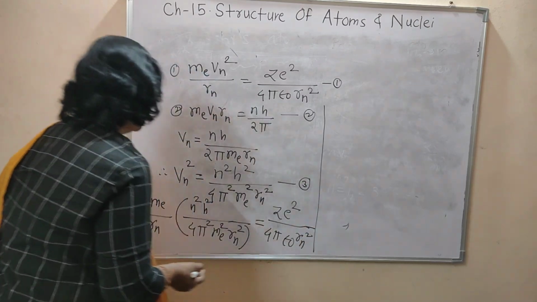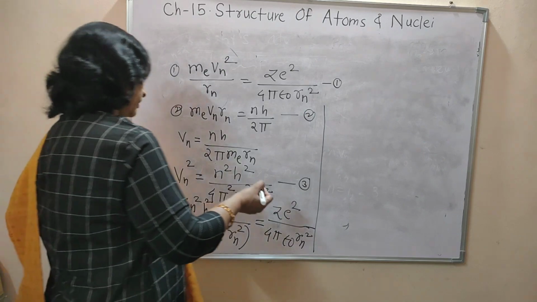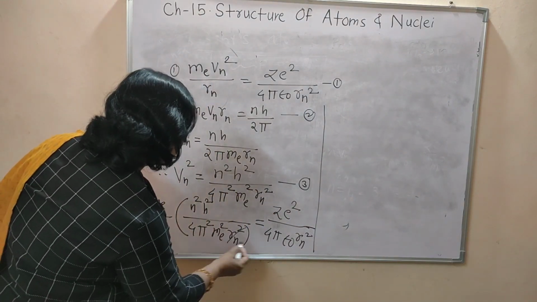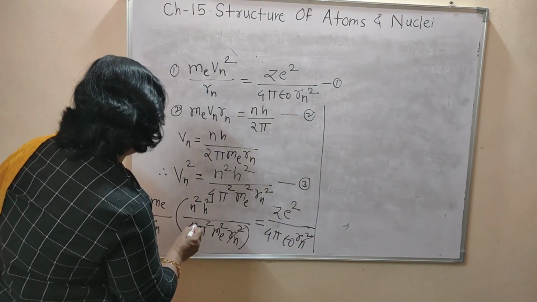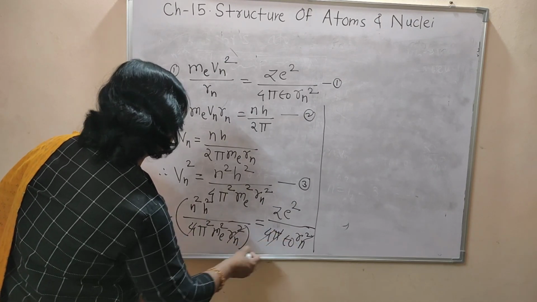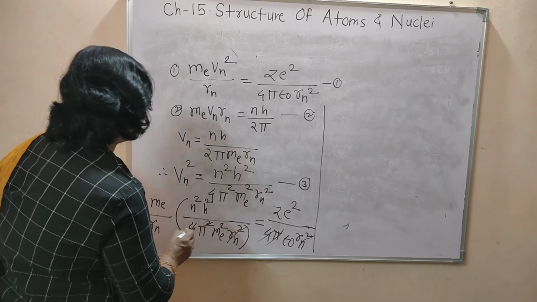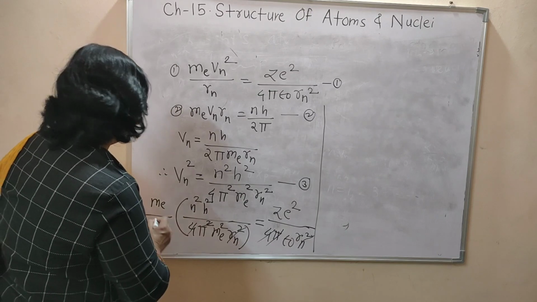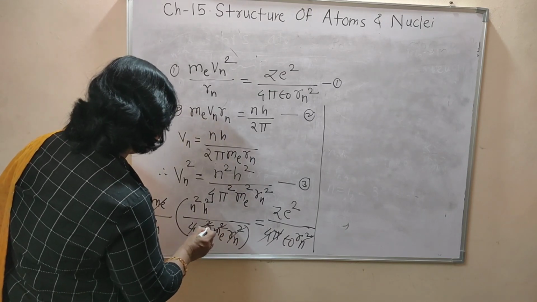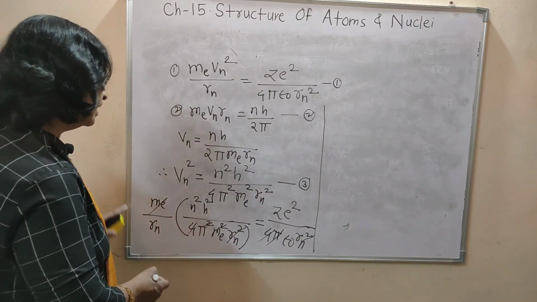Now, this Rn square gets cancelled. This 4 gets cancelled. This pi square gets cancelled, and then this me and one me get cancelled.